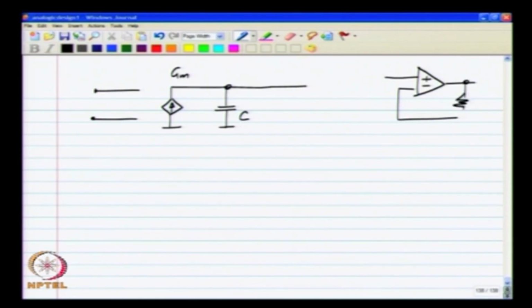There are many kinds of amplifiers you can build, but we will still take our prototype amplifier that we started with, the amplifier of gain K. So, here we have to have our resistive divider.